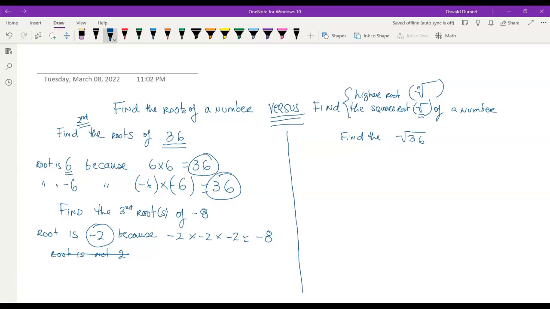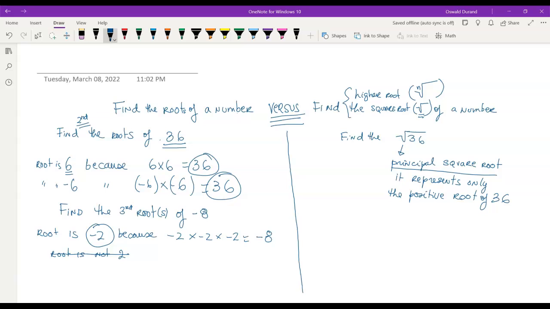So the radical here, especially the square root, is called the principal square root. Okay, and the principal square root tells you that it represents only the positive root of 36 in this case.